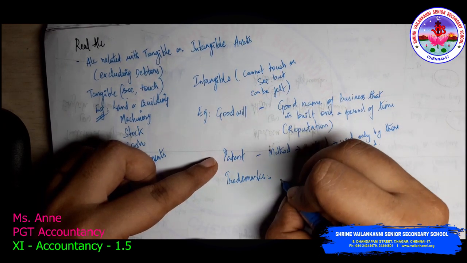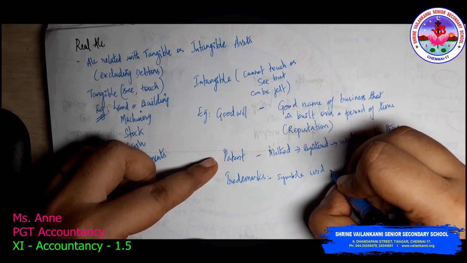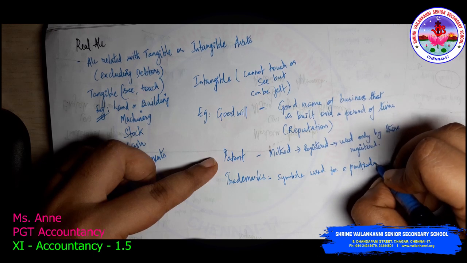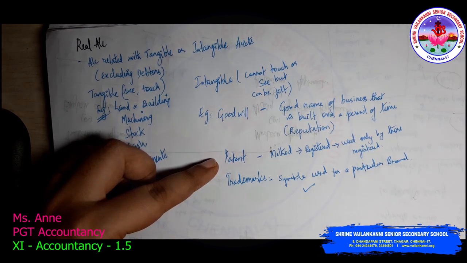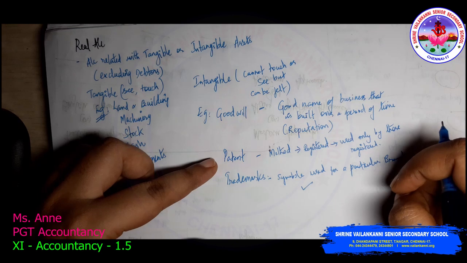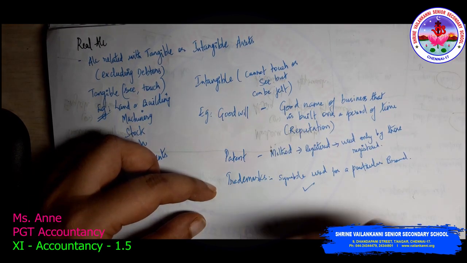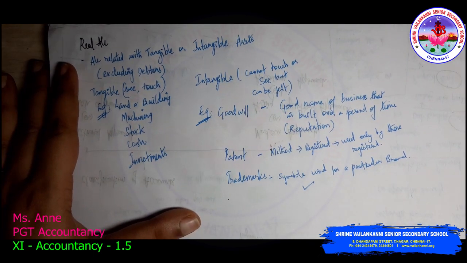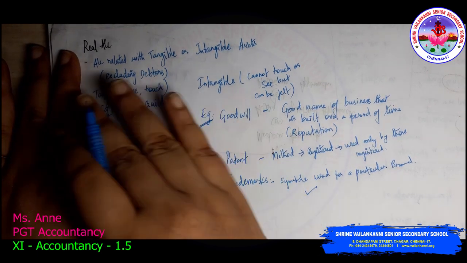Okay, a trademark is generally a symbol used for a particular brand. For Nike you have this, right? For Puma you have a symbol. For Adidas you have a trademark. So that's called a trademark. So these are all examples of intangible assets.